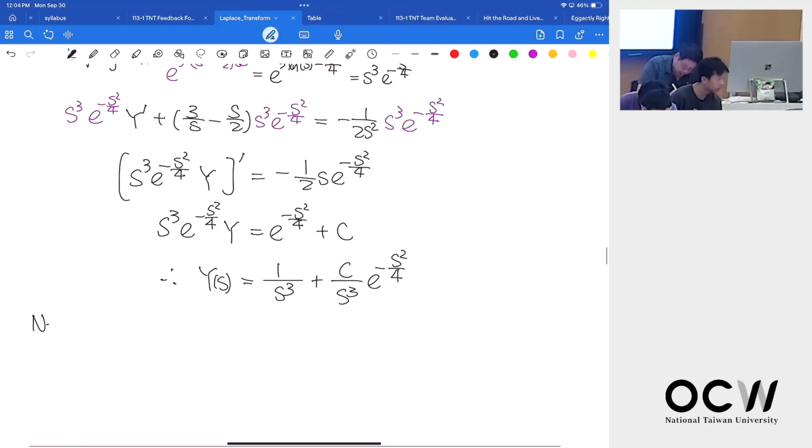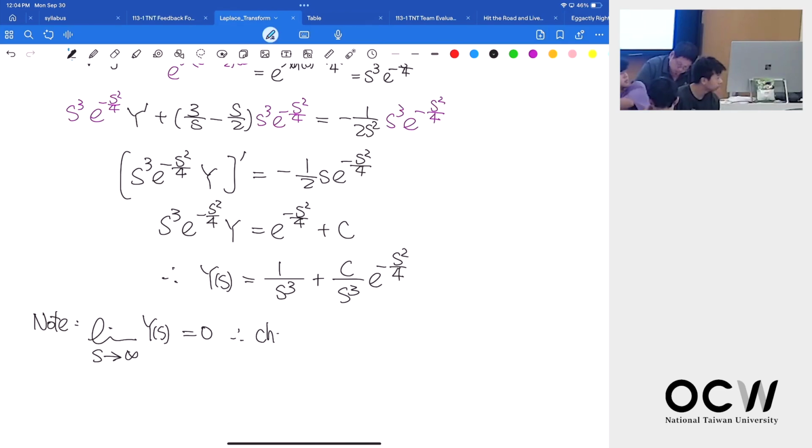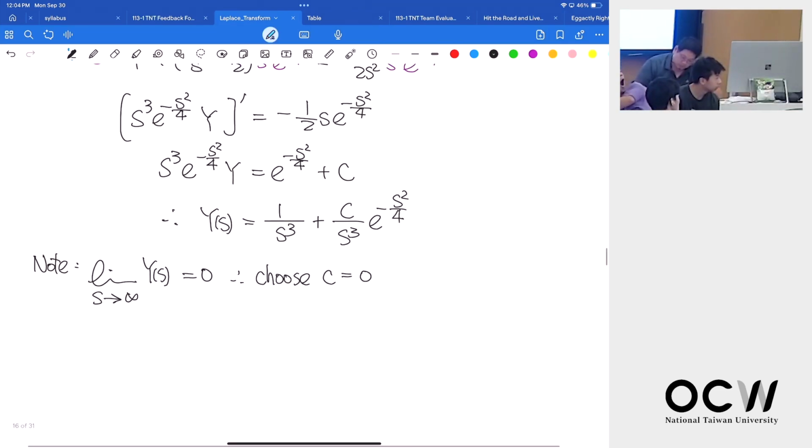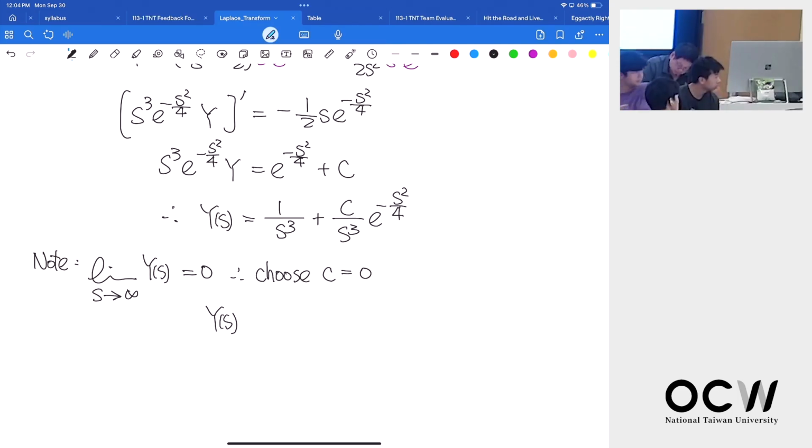And here's the note. When s goes to infinity, and we have this property, this function goes to 0, so we can choose c equals 0. Then your answer is just 1 over s cubed.